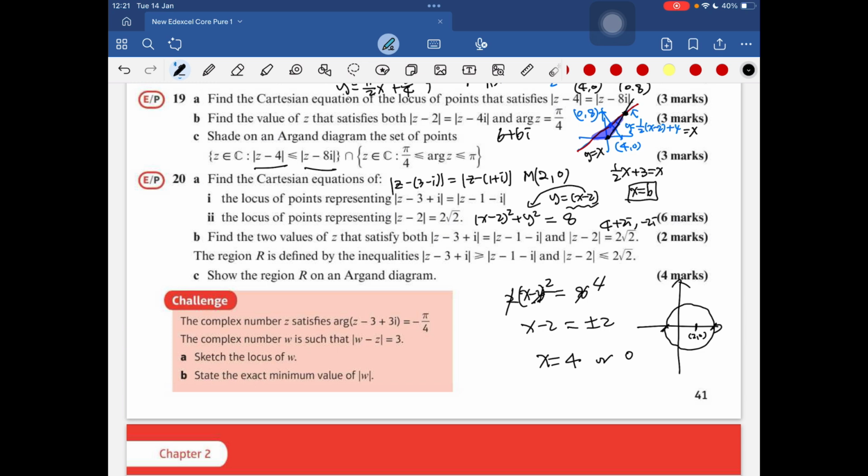And this one is 2 minus 2 square root of 2, something like that. And here, it should be smaller than that, so inside, like here. And this one, the bisector, x minus 2.